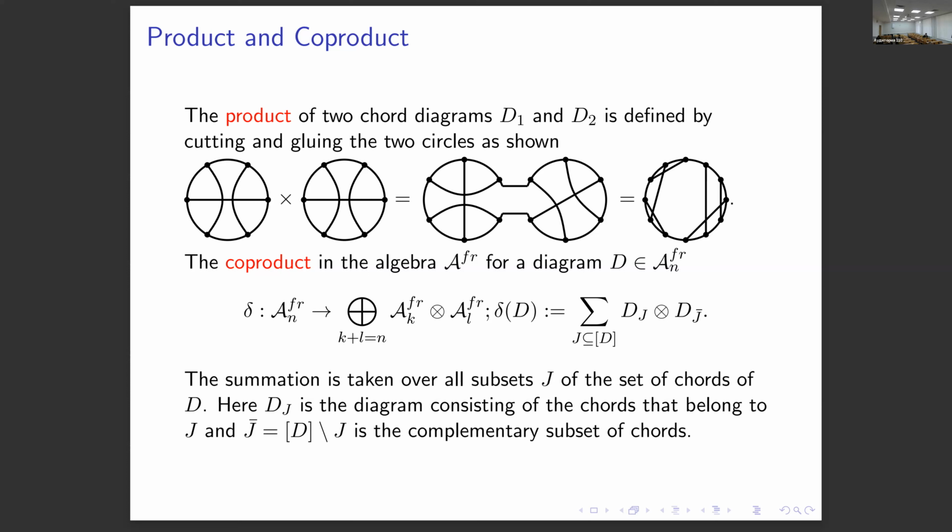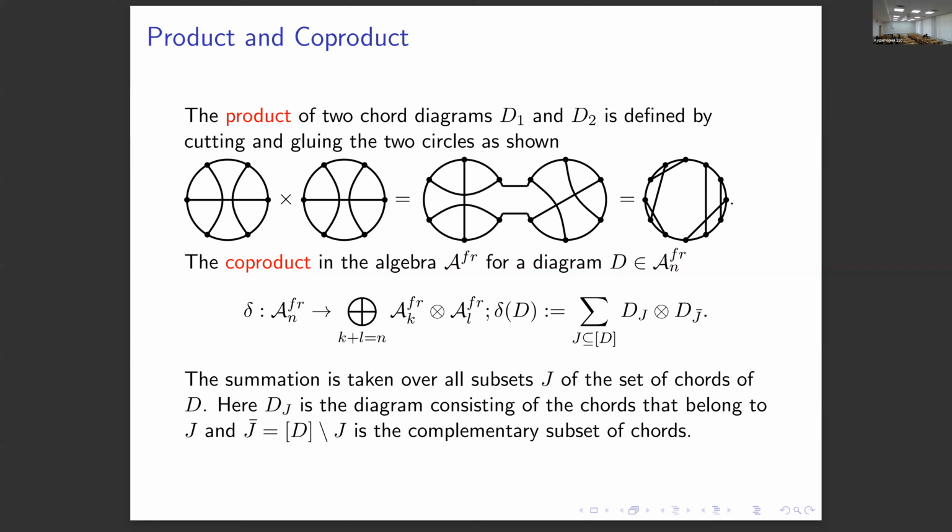And there's a co-product in the chord diagram algebra modulo the Fortune relationship, which is a map from the space to the tensor space. The definition is to sum all the DJ tensor DJ bar, where J is a subset of the chords. DJ and DJ bar are induced subdiagrams of D: take a subset J of the chords, and J bar is the complementary subset.